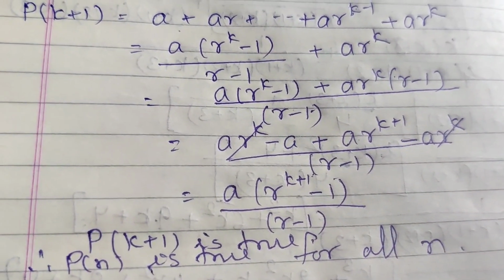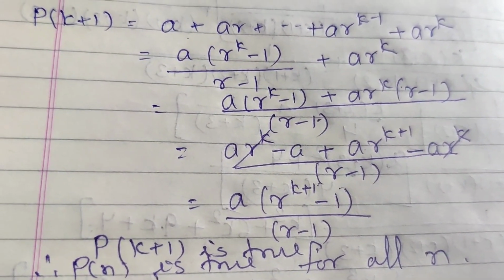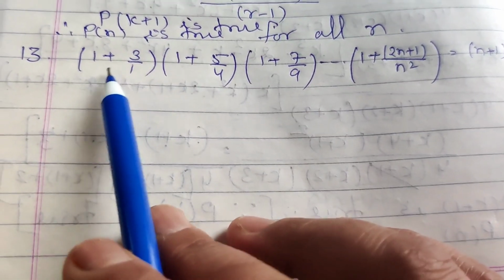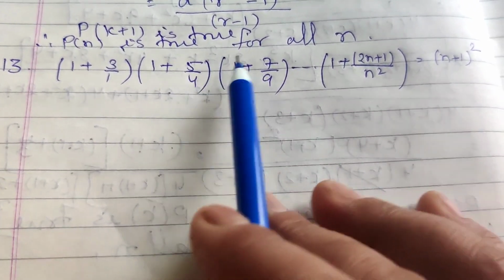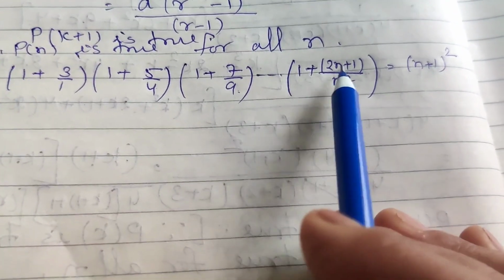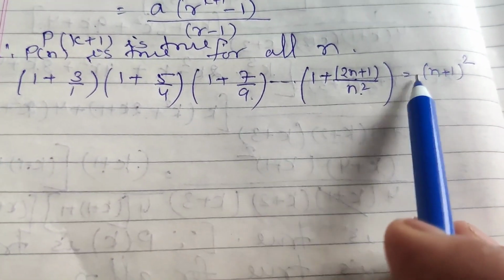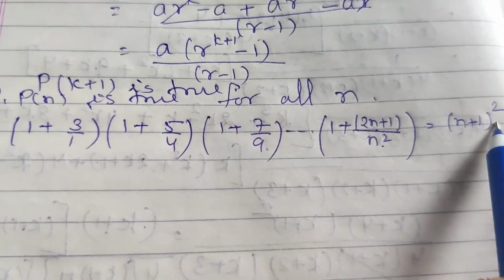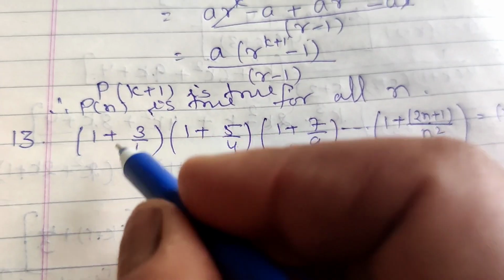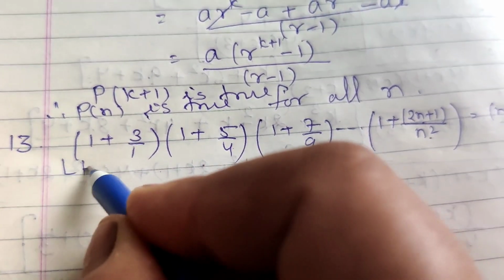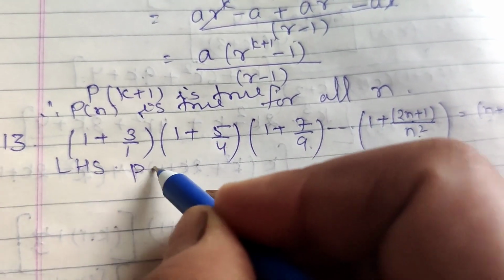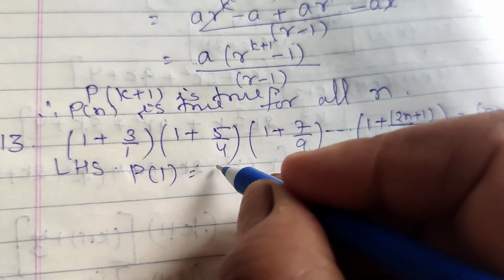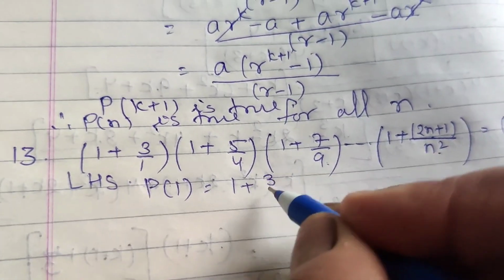Okay. Now question number 13. Question number 13 is (1 + 3/1)(1 + 5/4)(1 + 7/9)...(1 + (2n+1)/n^2) = (n + 1)^2. Okay. Now solve. In LHS, P1 equals 1 plus 3 by 1.